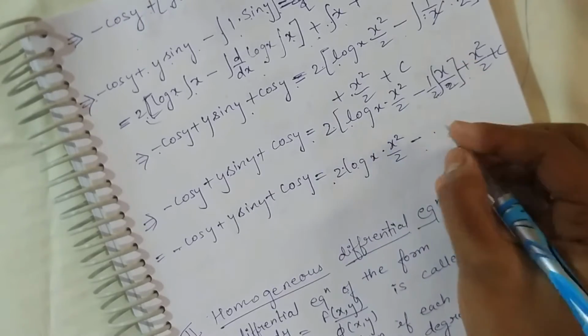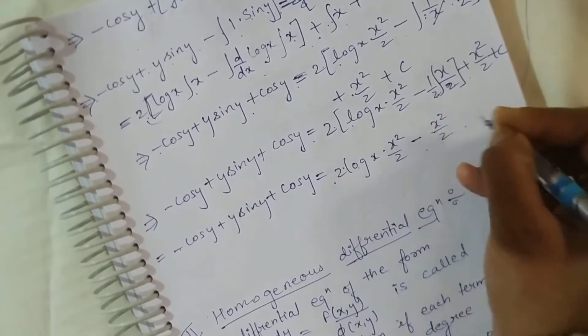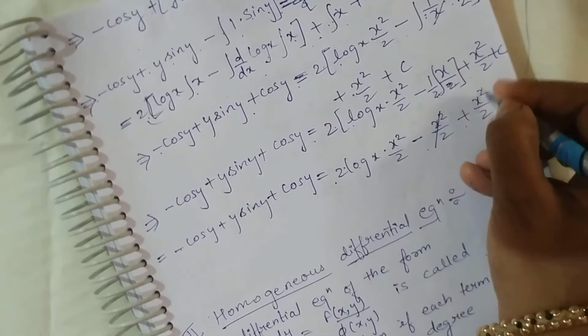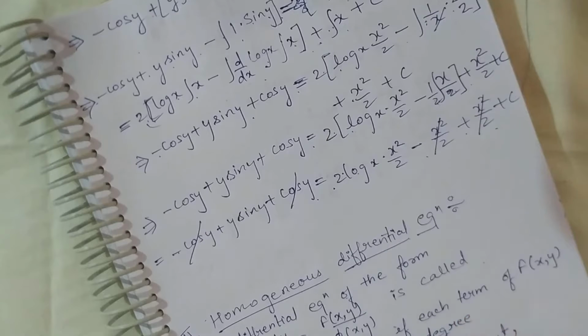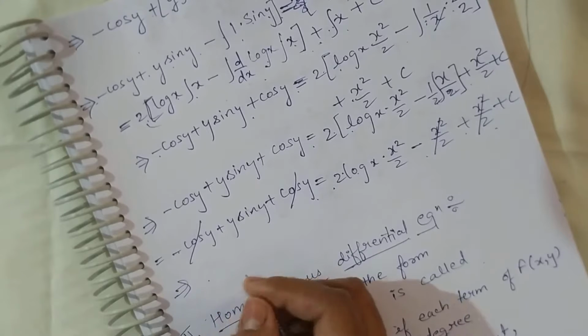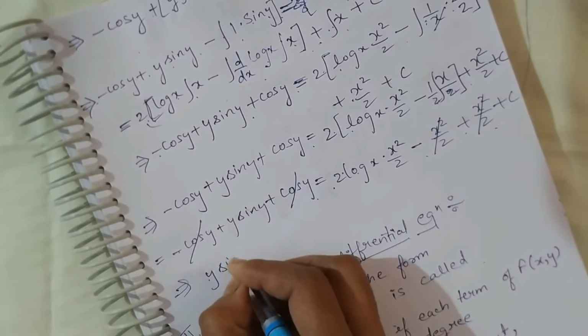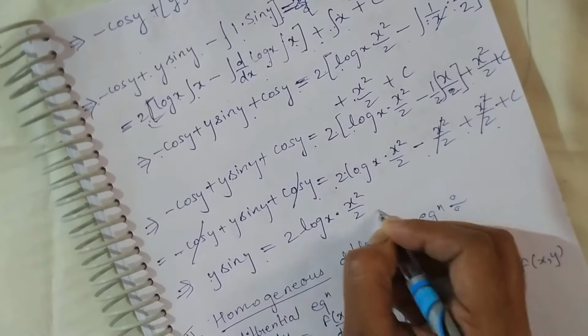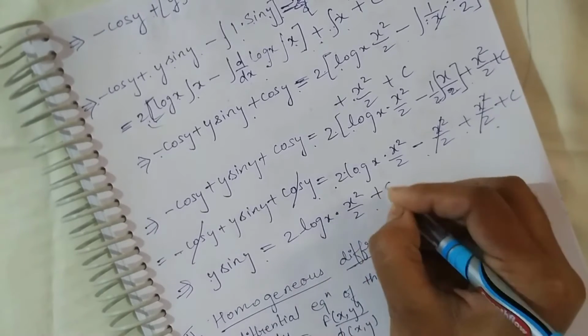We get the integration of x as x square upon 2, plus x square upon 2, plus c. This term is cancelled on the right hand side and this term is cancelled on the left hand side. So the remaining is y sin y equals 2 times log x times x square upon 2, plus c.